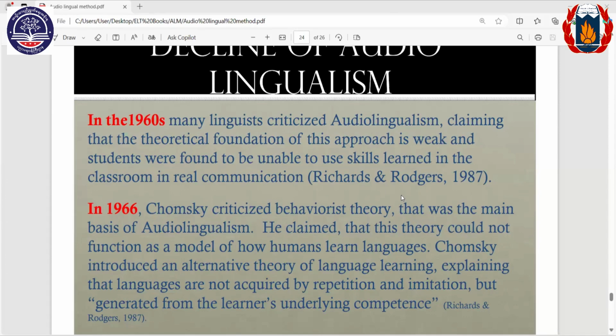For example, another way is expanding the sentence. For example, the first pattern is like that: I always think. And the student can expand this sentence into I always think about raising money. Another expansion: I always think about raising money for the victims.